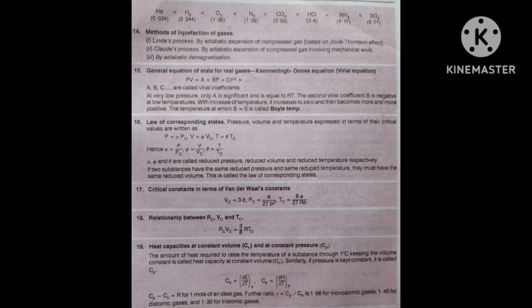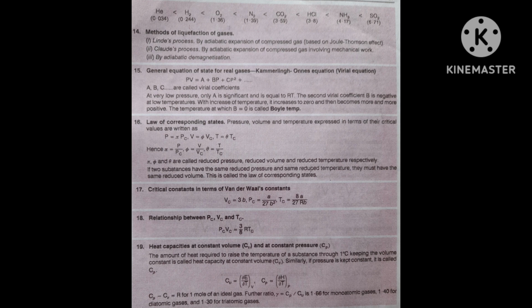Here P is equal to pi into Pc. You remember, pressure, and C means critical. Pc means critical pressure. P is equal to pi Pc, first relation.